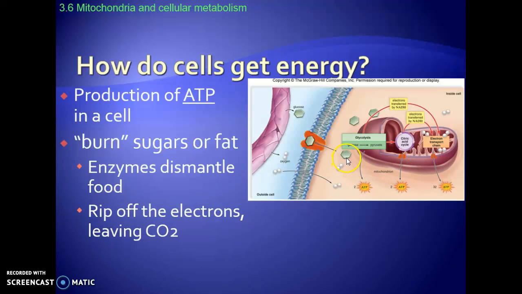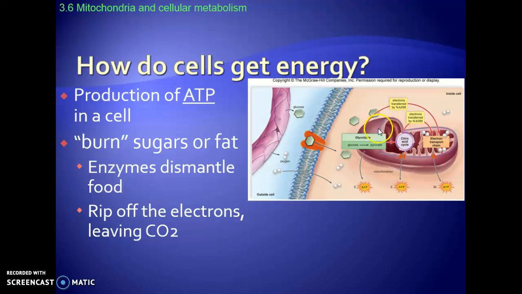So oxygen and glucose go to the mitochondria. Glucose gets broken down through the process of glycolysis, and then pyruvate gets broken down, and you have electrons that are going to be transferred by NADH into this process here.